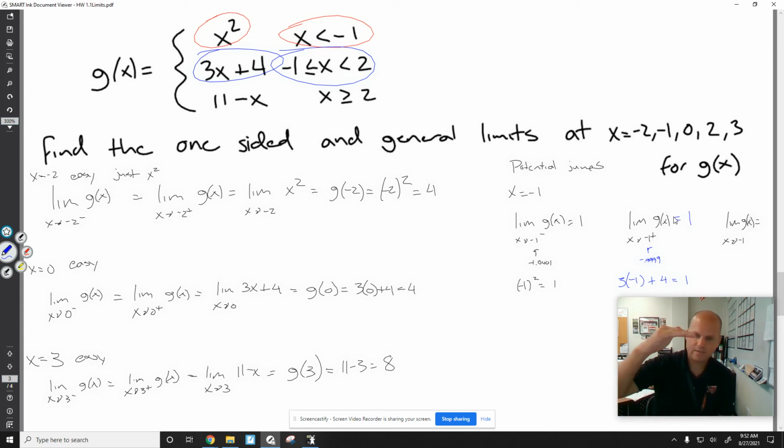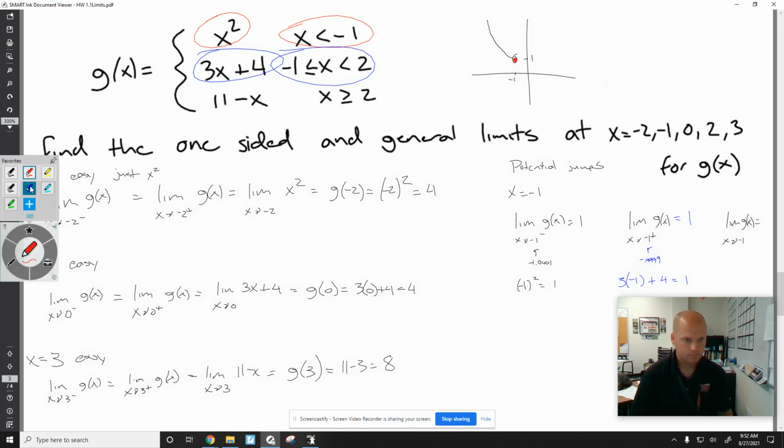Now, even though we have two different pieces, what ends up happening, and you could see this if you wanted to, is that the x squared stops at negative 1, 1 with an open circle. But the 3x plus 4 starts at negative 1, 1.